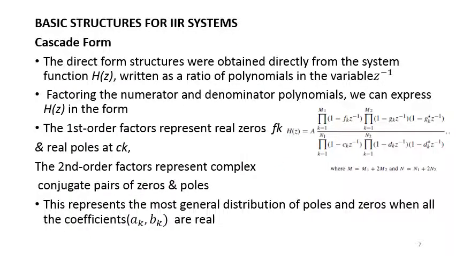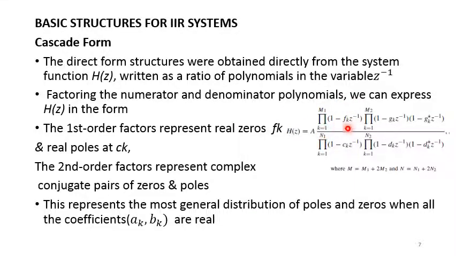So the direct form structures we obtained were directly from the system function H(z), written as a ratio of polynomials in the variable z to the power minus 1. We can also express H(z) in factored form, right? Factoring the numerator and denominator polynomials, we can express H(z) in the form like this one.